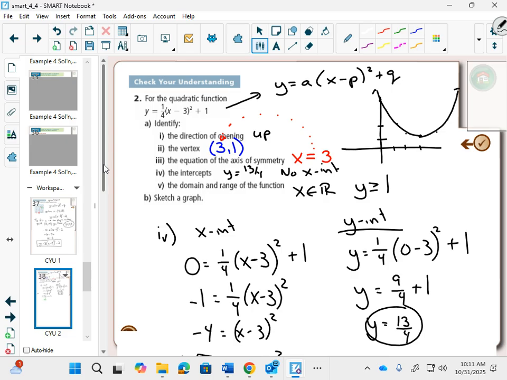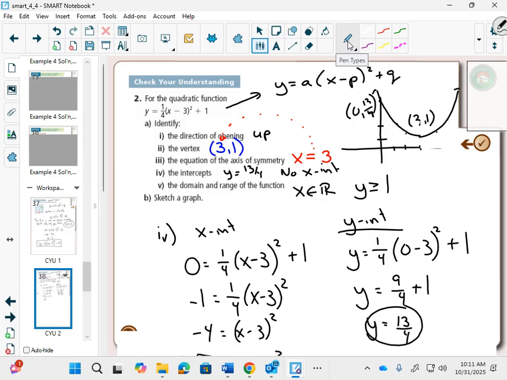I know this point here. Whoops, I labeled it wrong. That's 0, 13 over 4. That's my y-intercept. I know my vertex was at 3, 1.